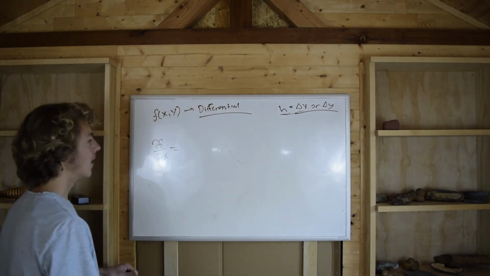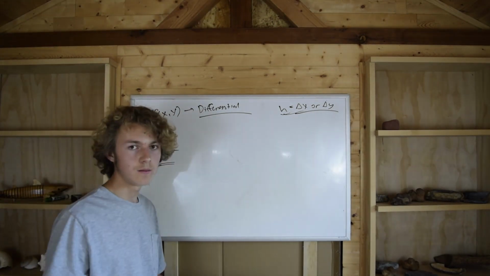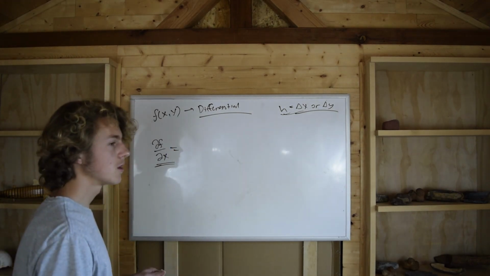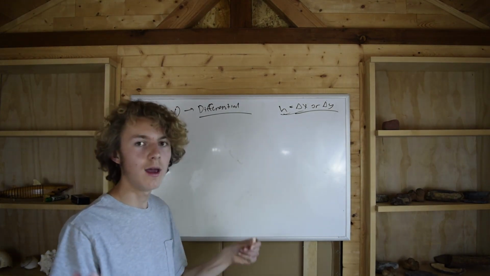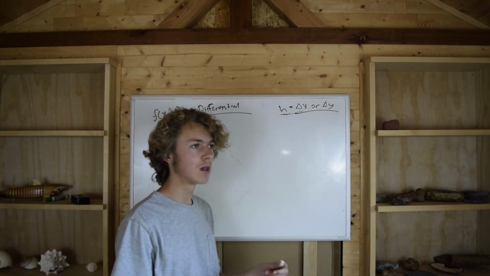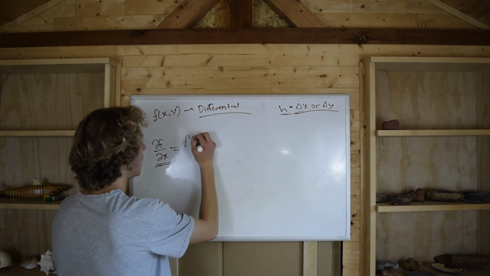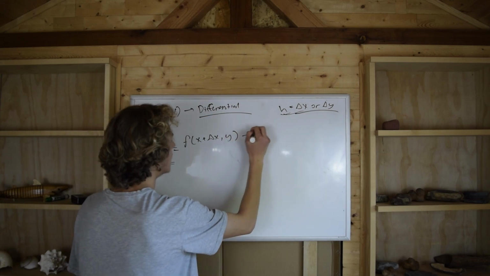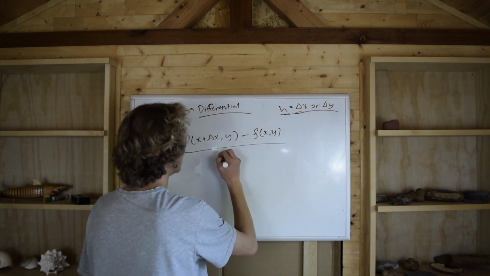But with respect to x, as shown in the previous few minutes, we essentially took small steps in the x direction and set y to be constant. So y, in this case, doesn't even matter because y is not changing at all. So it would be f of x plus change in x, comma y, minus f of x comma y, over change in x.